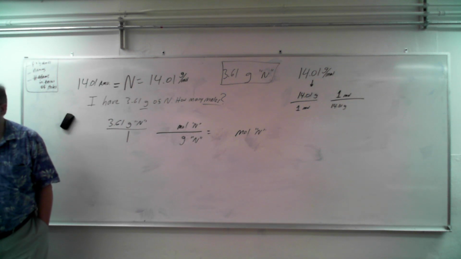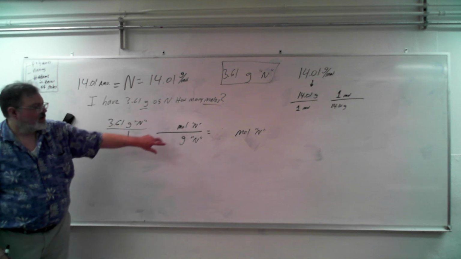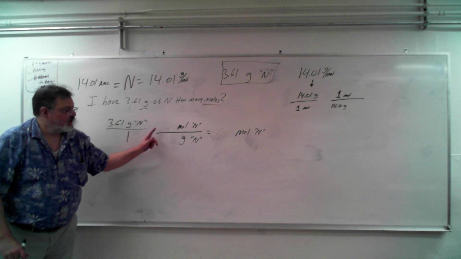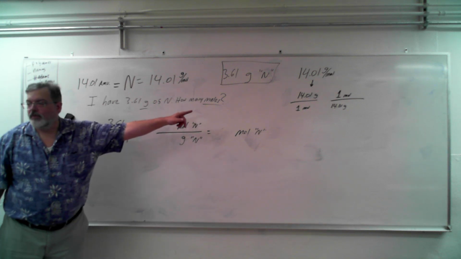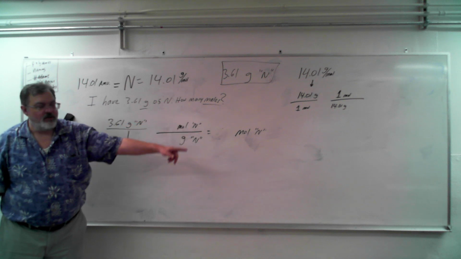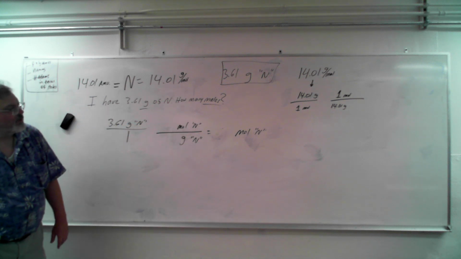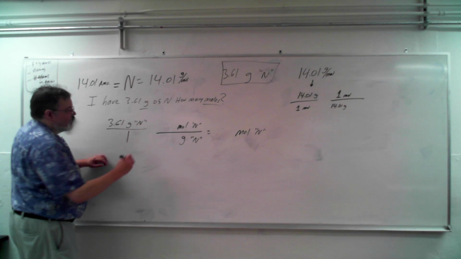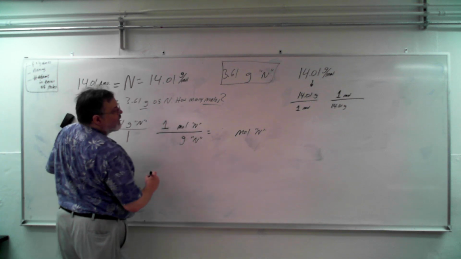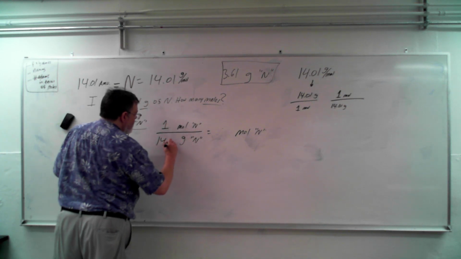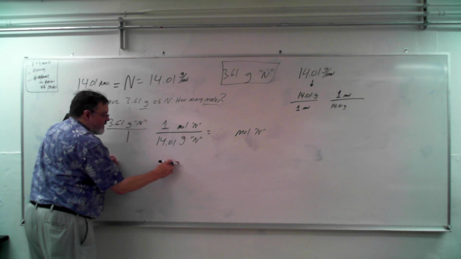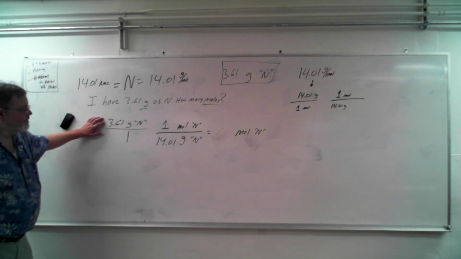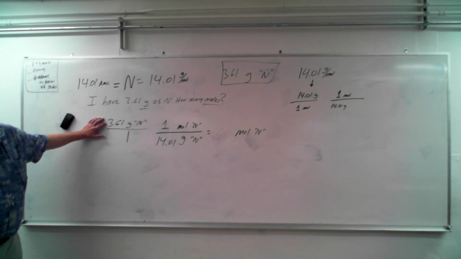You see that as an outline? I haven't filled in the numbers here yet, but I needed grams to cancel. I need to get the moles. That's moles per grams or grams per mole, however you're going to use it. We're going to use where moles is on the top. That'll tell you how many moles this many grams weighs. You see?